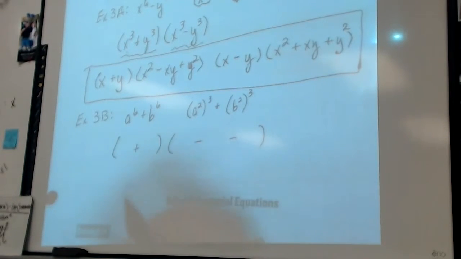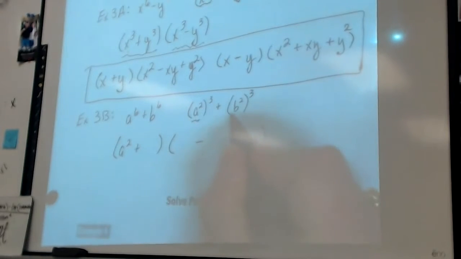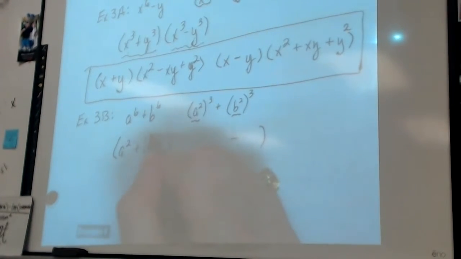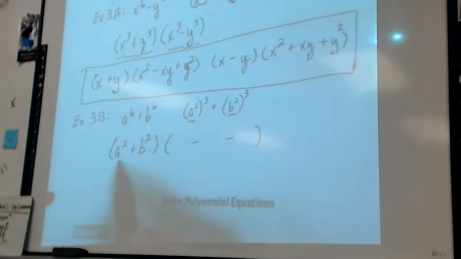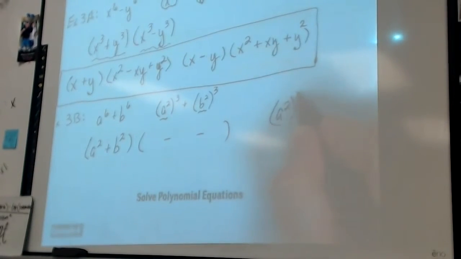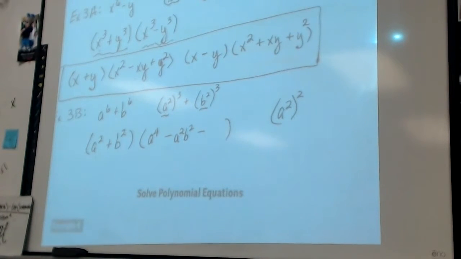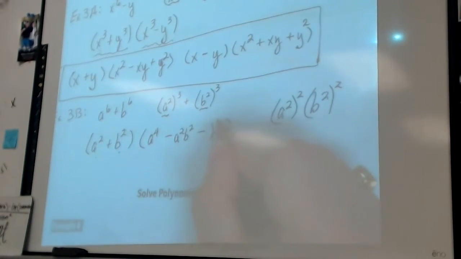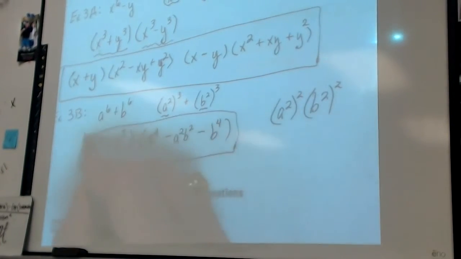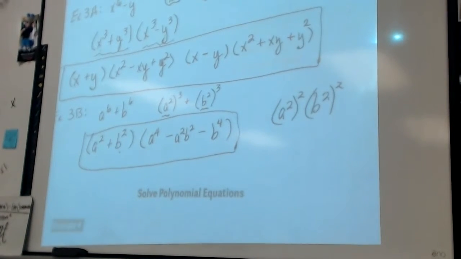Now we're going to square the first one. What is a squared squared? A to the 4th. Then a squared times b squared would just be a squared times b squared. So this is the sum of two squares? Yes. And then what would b squared squared be? And that's all you can do with that one.